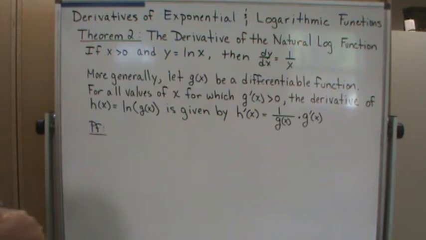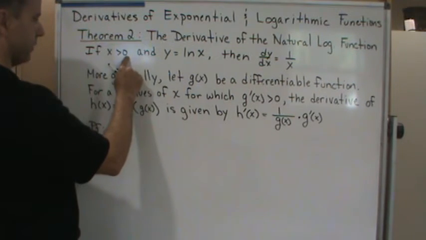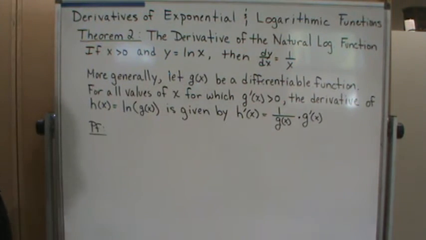So what's the proof? Let's do the proof. Of course, we start with our assumptions. We're going to let x be greater than 0 and y equal, in this case, natural log of x.